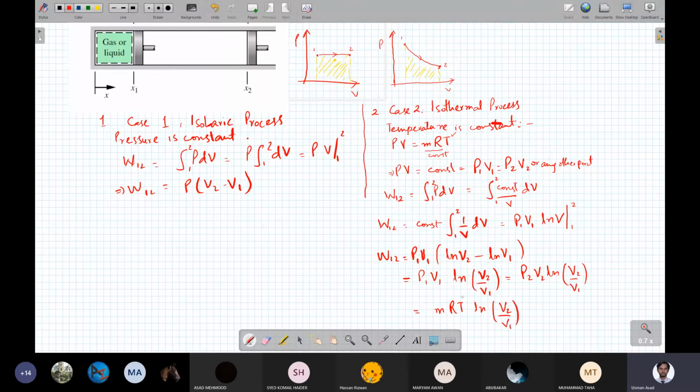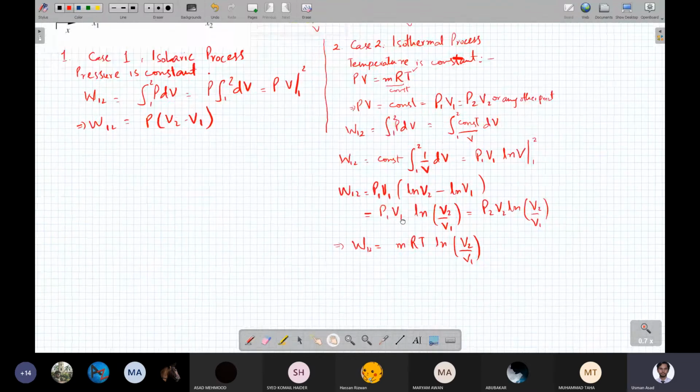Notice that mass is the same throughout, R is the same throughout, and there's no difference between T1 and T2, so T1 is equal to T2. So whether you write P1 V1 is equal to mRT1 or P2 V2 is equal to mRT2, they're the same, so you don't really need a subscript with your temperature because temperature is constant. Okay? So for an isothermal process, this is going to be the work done.